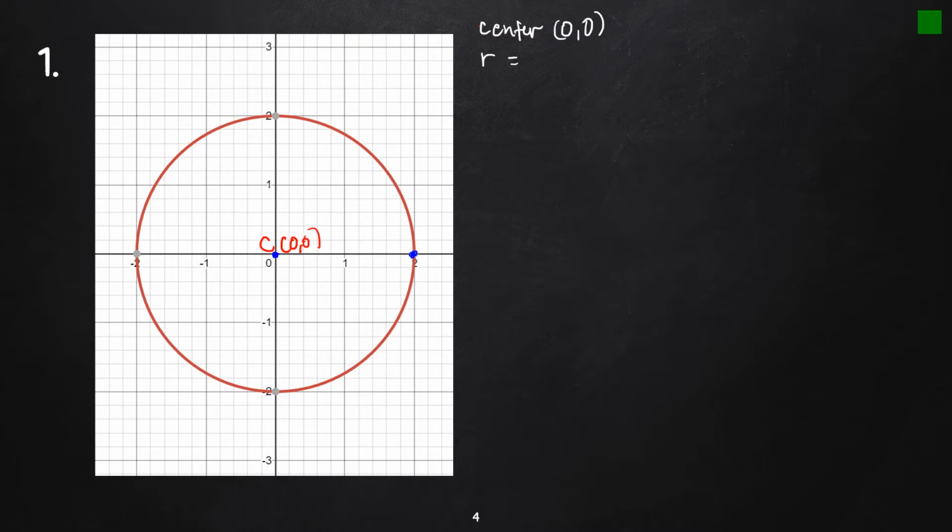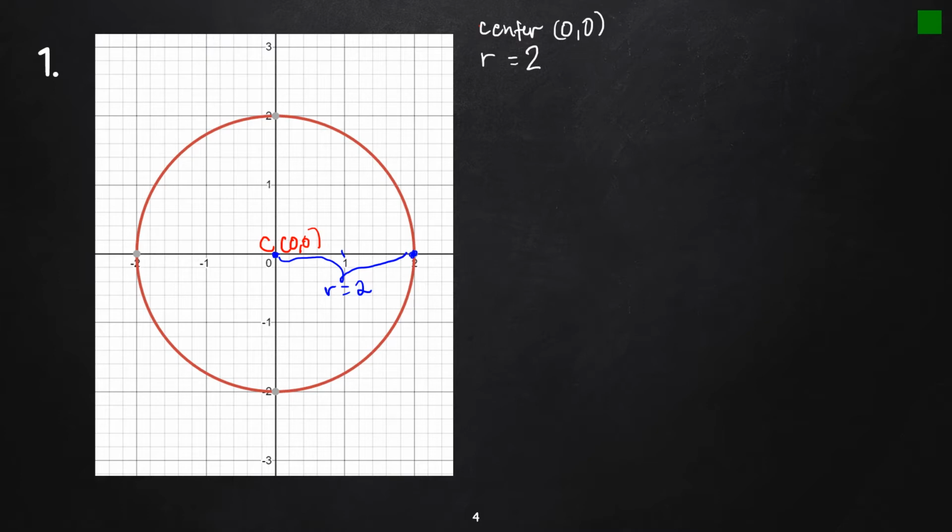We count the distance of this point from the center, which is at 0, 0. Obviously the radius is 1, 2. So our r is equal to 2.